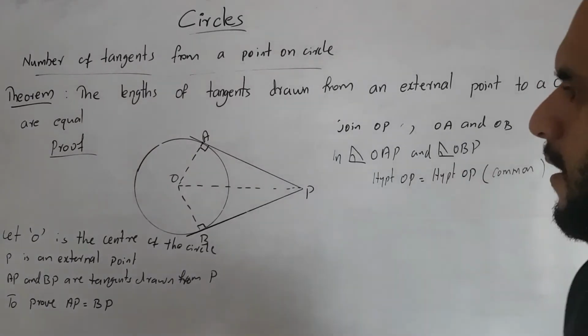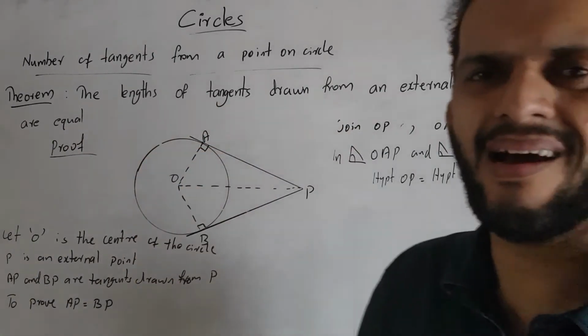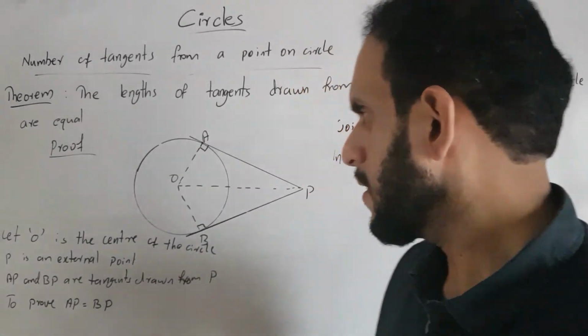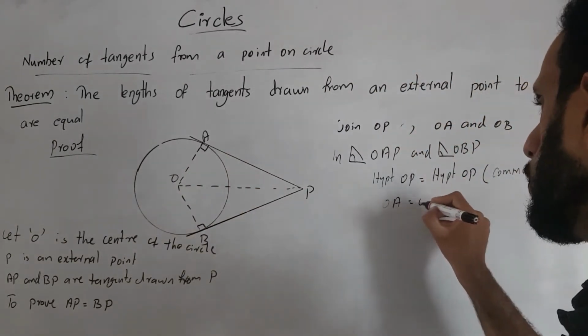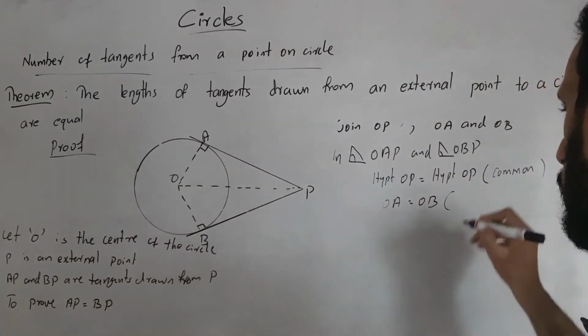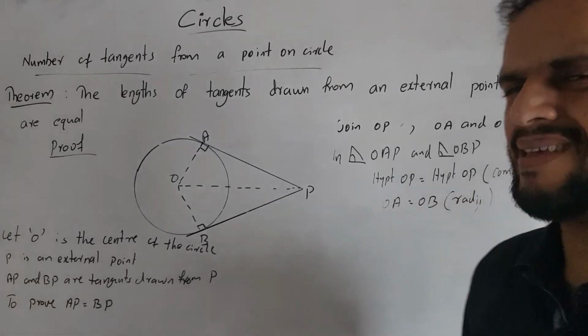And one more thing is very clear, OA and OB are equal. Why? Because they are the radii of the circle, correct? OA is equal to OB. What is the reason? Because radii of the same circle.